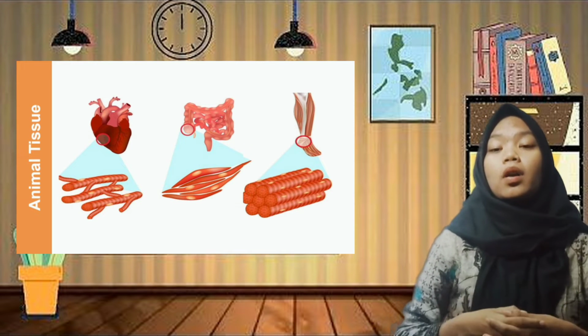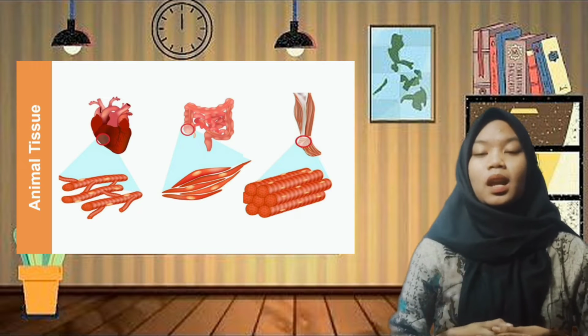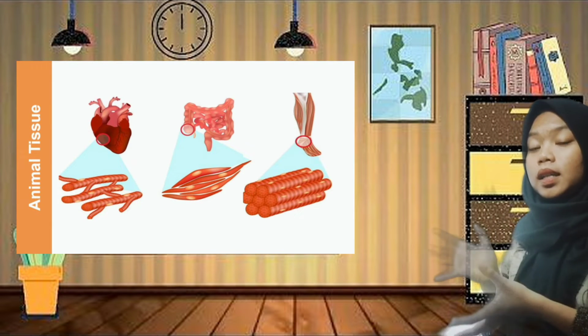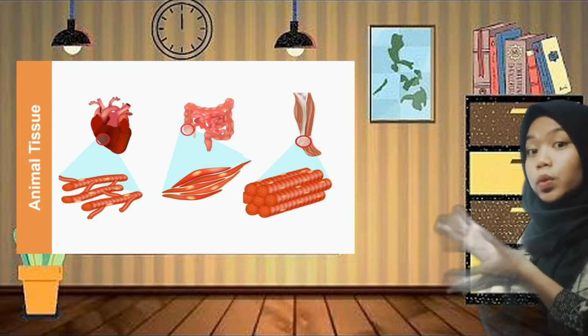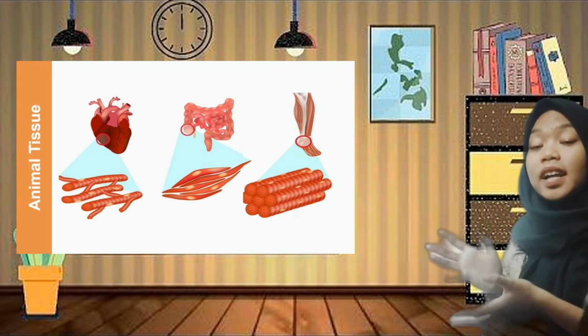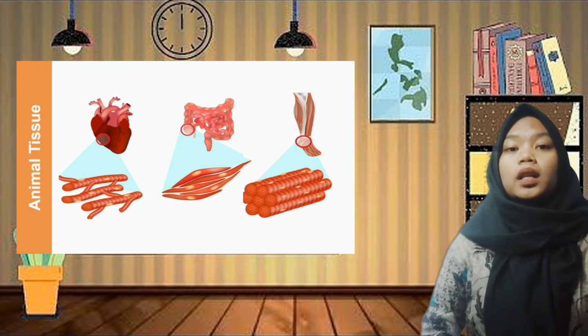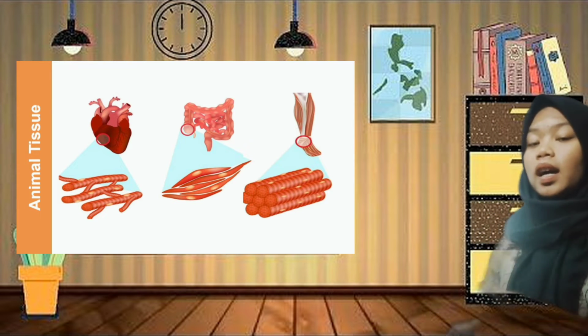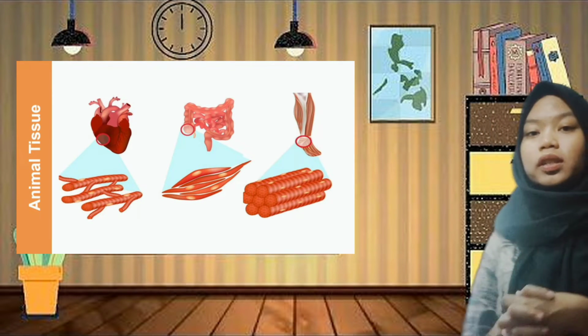Now open your book on page 56. Identify the 3 pictures. Which one is smooth muscle, which one is cardiac muscle, and which one is striated muscle. I will give you 10 minutes from now to identify the pictures.